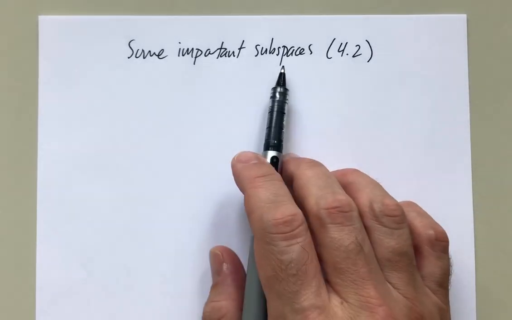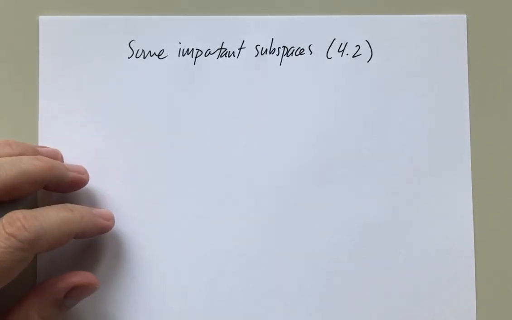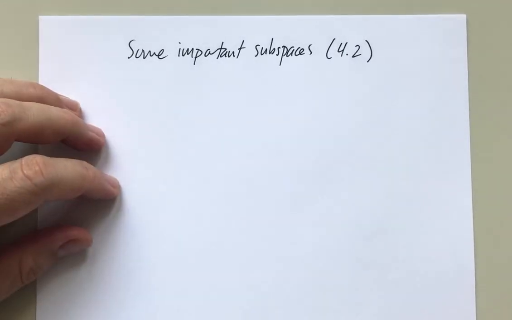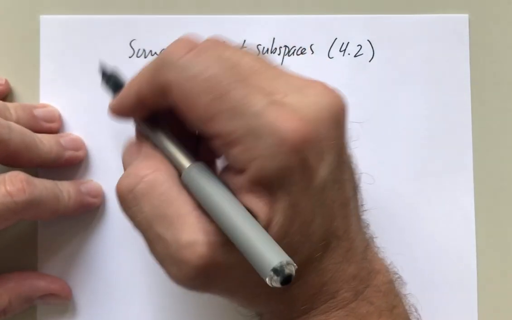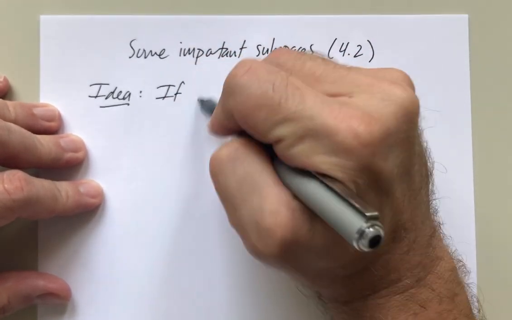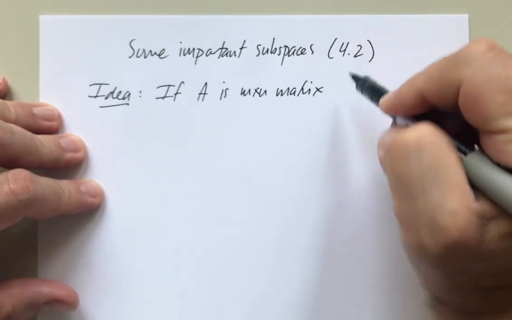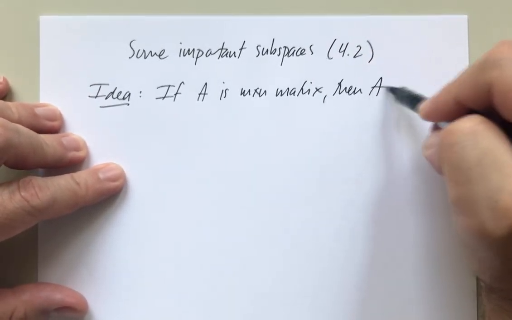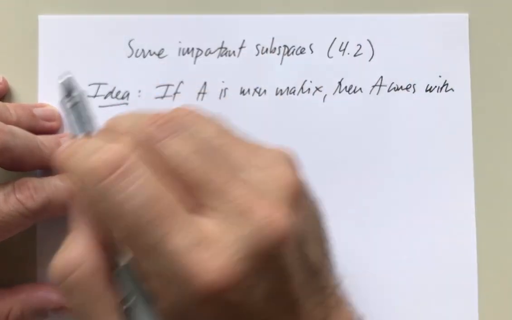So we've been talking about this abstract notion of subspaces of a vector space, and today we'll bring it back down to earth a bit and talk about how these relate to matrices that we've been studying. Let me give you the top-down idea here. If A is an m by n matrix, then A comes with two subspaces.